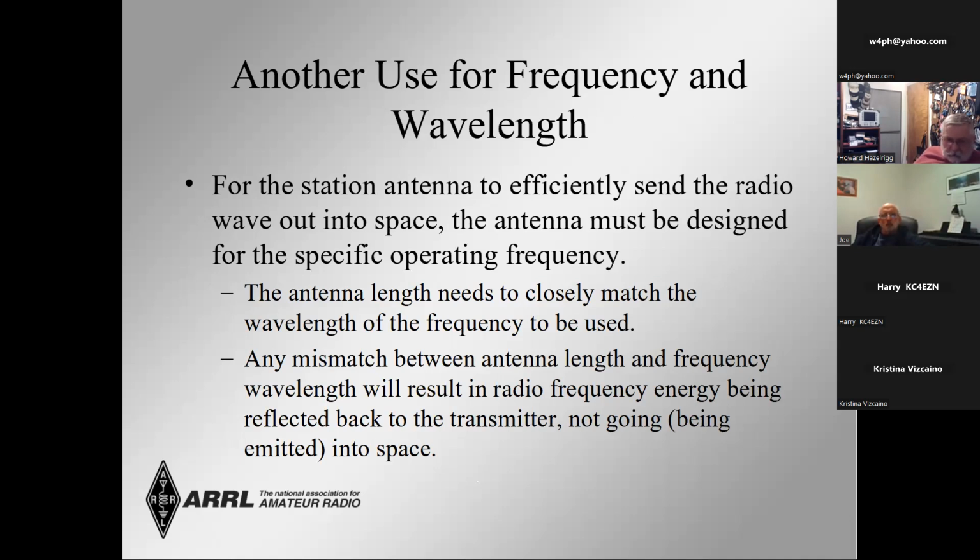Any mismatch between antenna length and frequency wavelength will result in radio frequency energy being reflected back to the transmitter, not being emitted into space. And that's what they call a standing wave ratio.